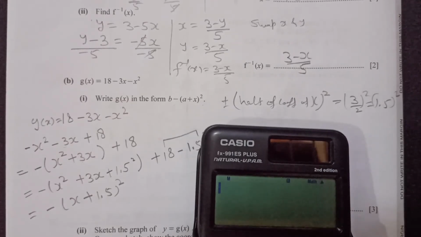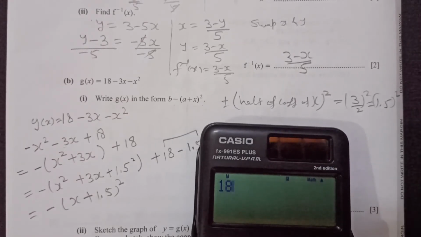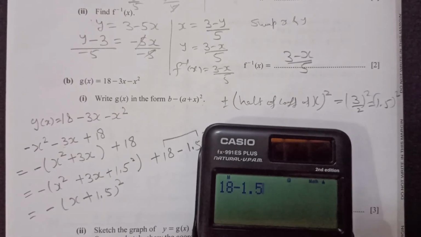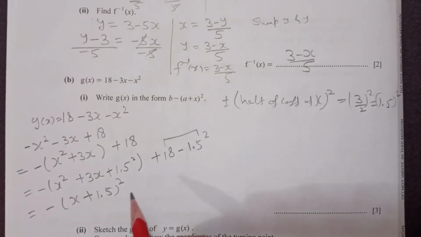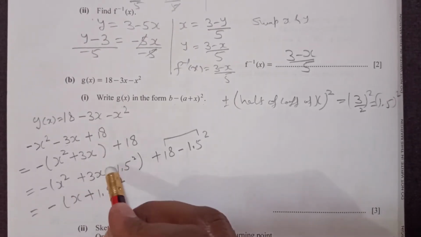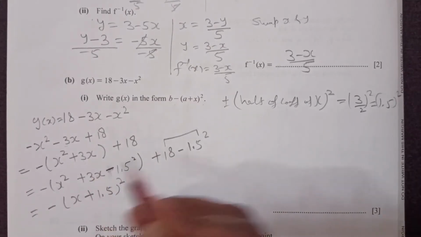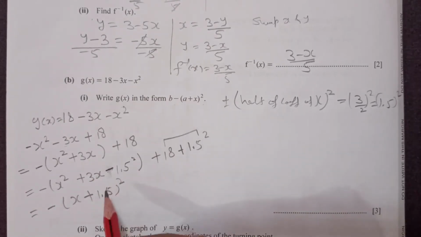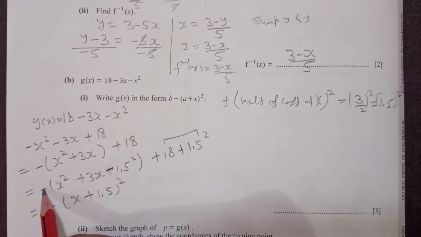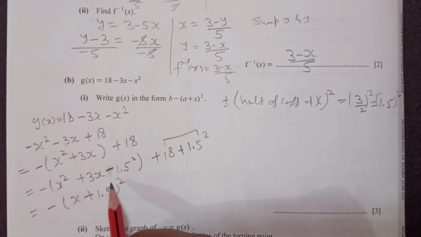Wait, let me check again. 18 minus 1.5. Okay, I think we are making a mistake here, because the negative sign is out here. So we should have this one negative here and this should be positive. Because this negative sign is here, this will be negative here.